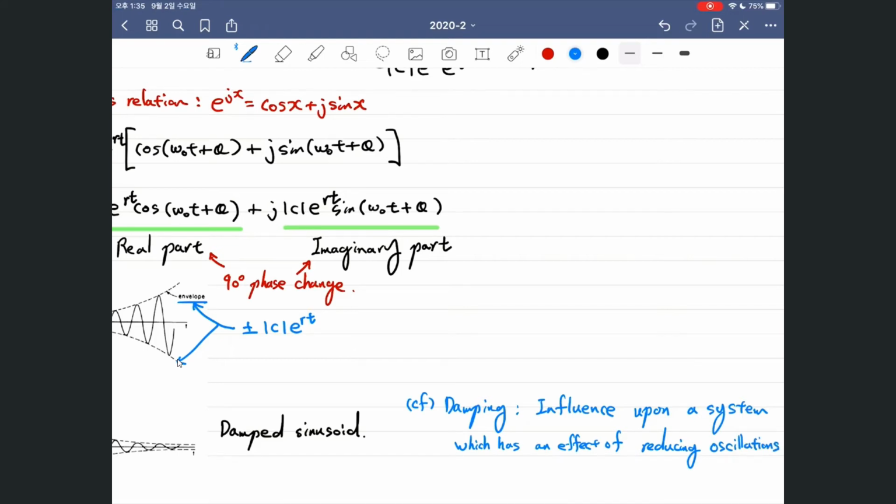You can have many definitions, but one of them you can write like this.